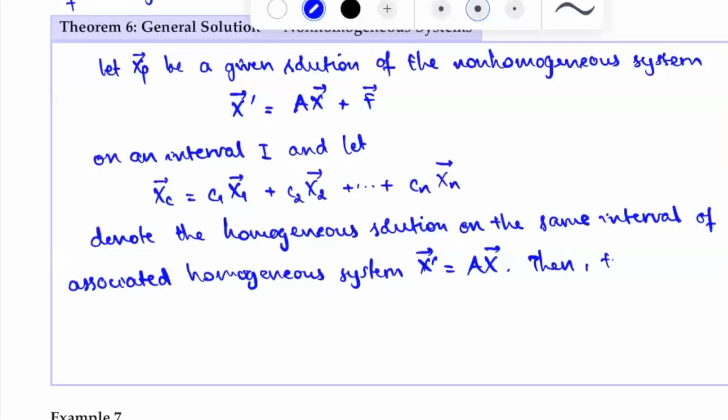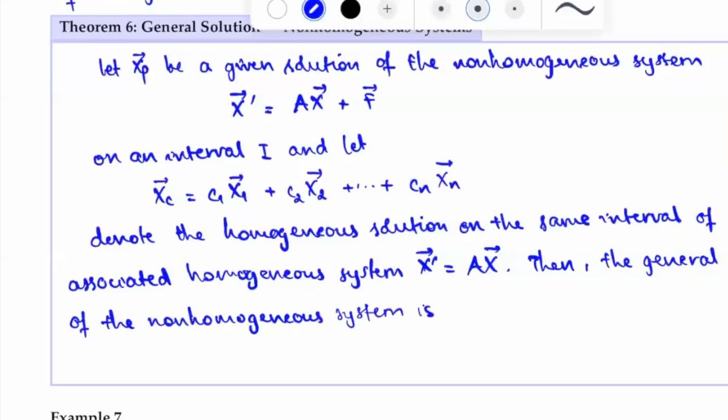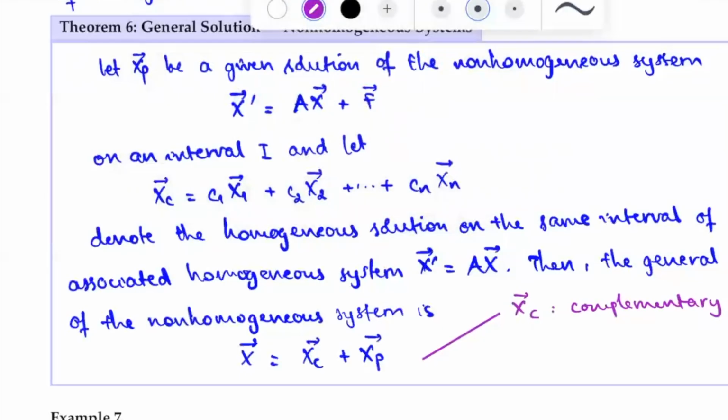Then the general solutions of the non-homogeneous system is x equal to xc plus xp. Xc is the complementary or homogeneous solutions, and xp is the particular solution.